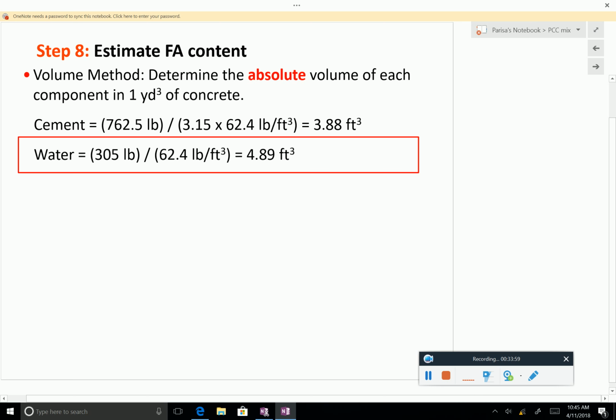Volume of water. Don't wait on me. Let's calculate the volume on the right.